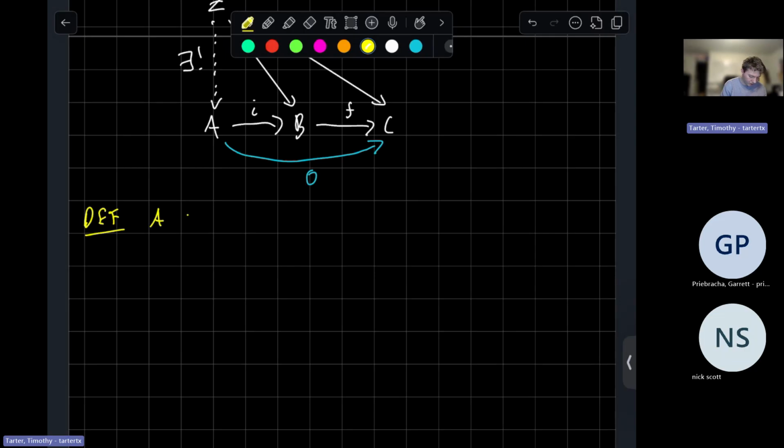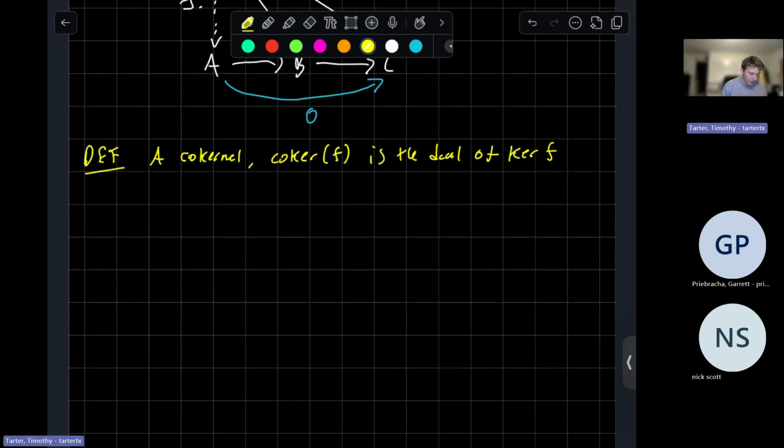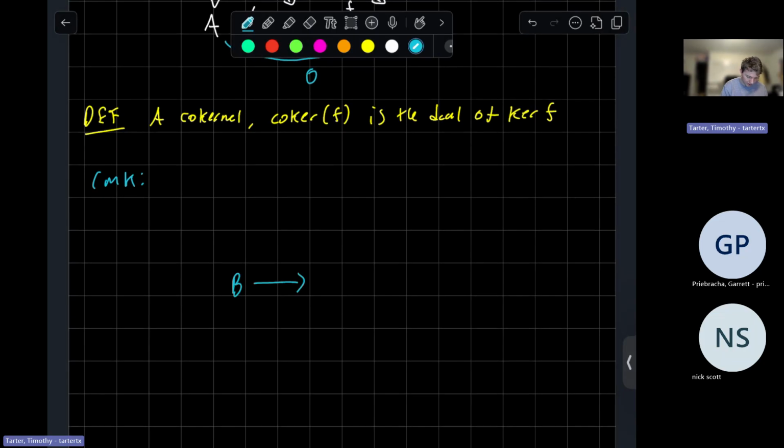A co-kernel, which we'll usually call coker F, is the dual of ker F. As a remark that helps with this construction, the limit of the diagram B to C through F to 0 goes like this.